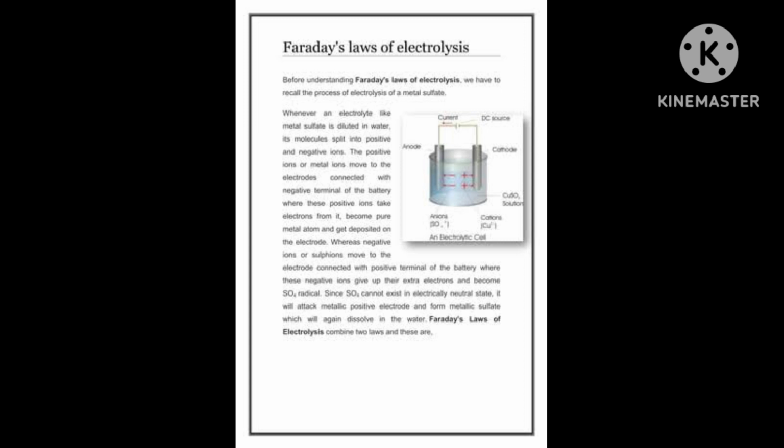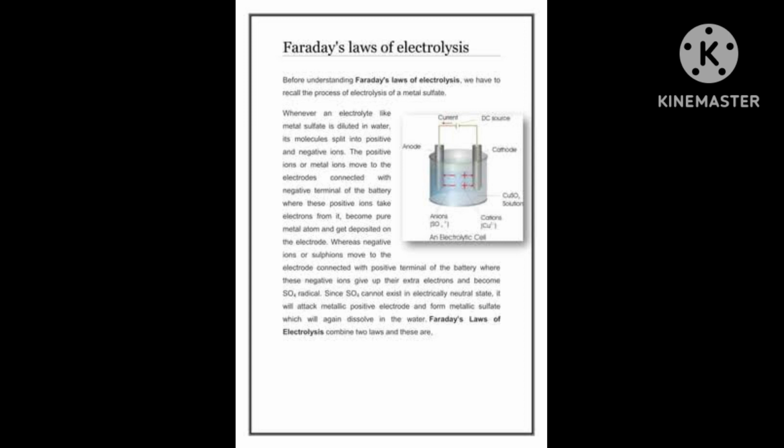Okay, it means what type of electrolyte you have taken. In any electrolyte, cation and anion will be there. Then what type of cation is there, what type of anion is there. In that way we will get the product. Suppose you have taken magnesium chloride, then you will get magnesium on the cathode, and chlorine gas also at the anode.